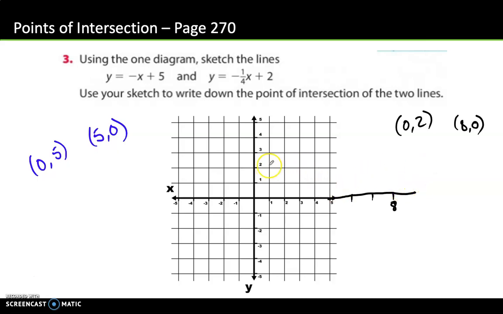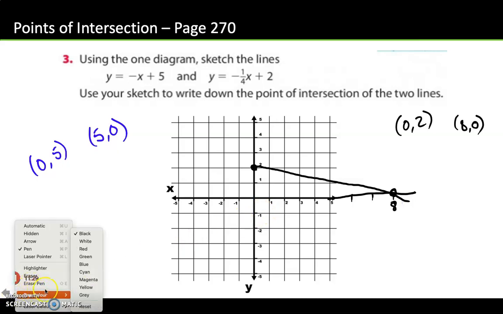Okay, so now let's go through it. So I'm going to do the points in black first. So 0, 2 should be around there. And 8, 0 is going to be this point there. And with a ruler, you're going to connect these dots as best you can. So something like that. And then I'll do the other points in blue.